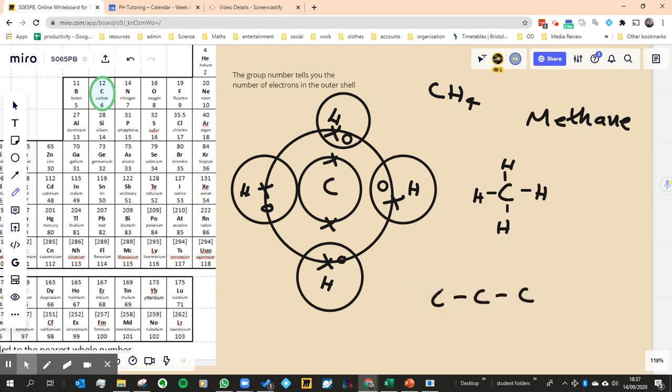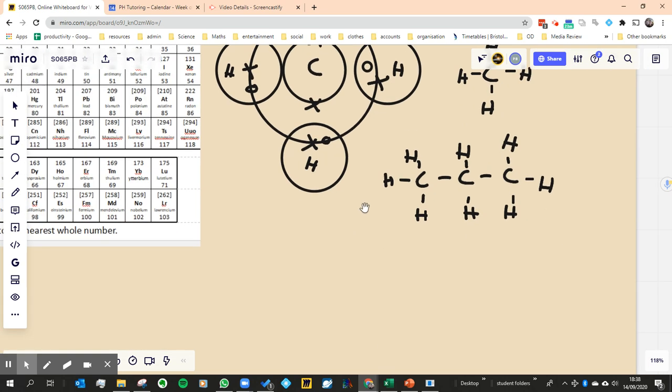If we know that each carbon's got 4 bonds, then you would make sure that you give each carbon 4 bonds, and if you stick a hydrogen on the end, now we know we've made another hydrocarbon. The other thing we need to know about organic chemistry is how to name them.